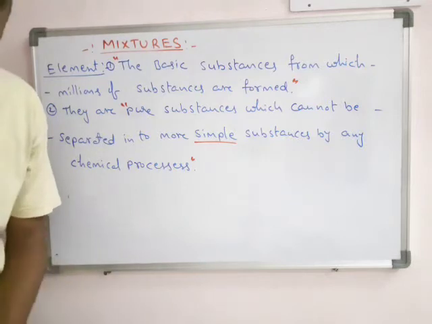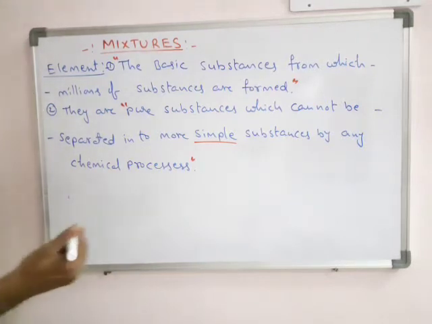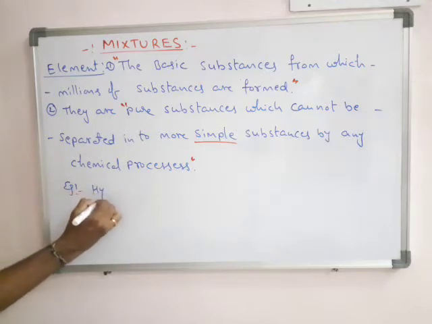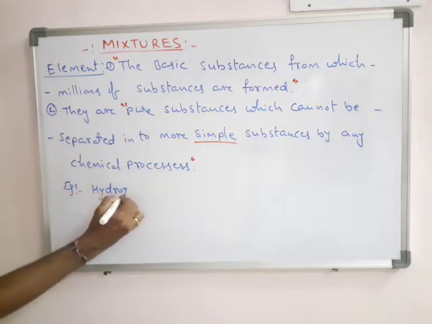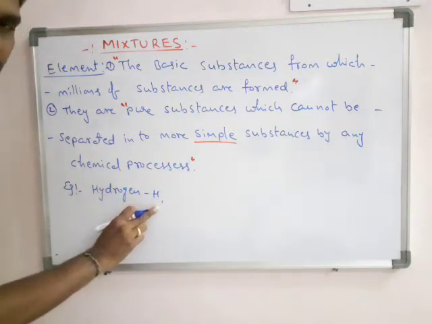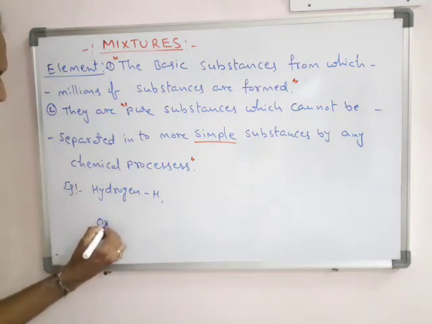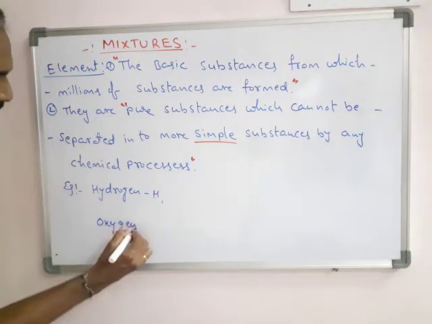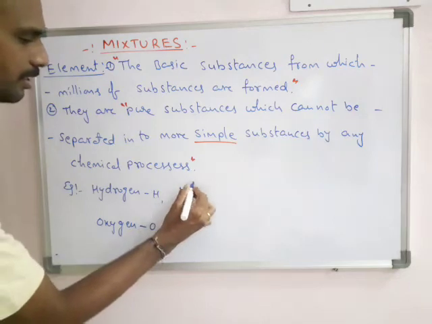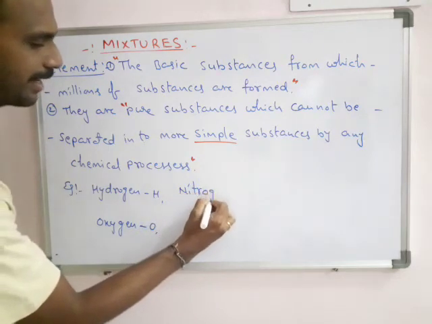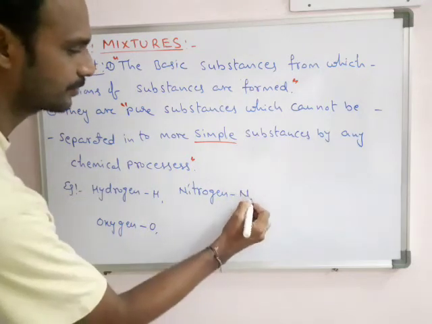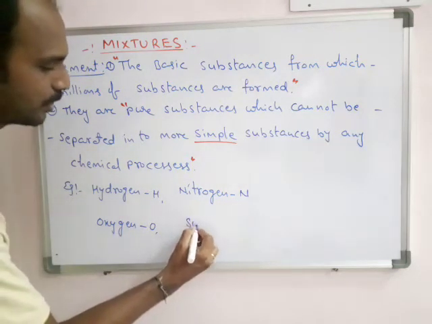And what is meant by element? Just we write some examples here. Elements. Hydrogen, H. Here I am writing the symbol. Next, oxygen, O. We are writing the examples randomly, not in an order. Nitrogen.